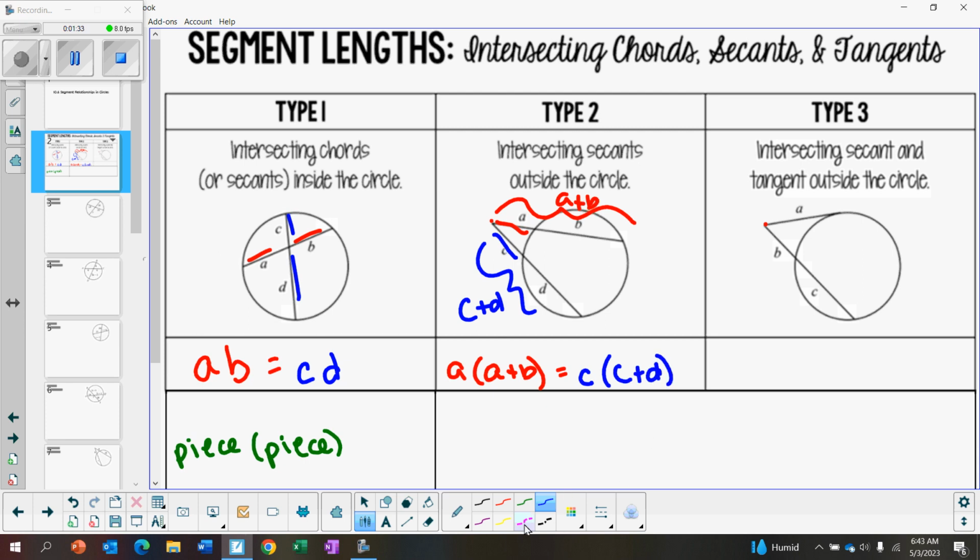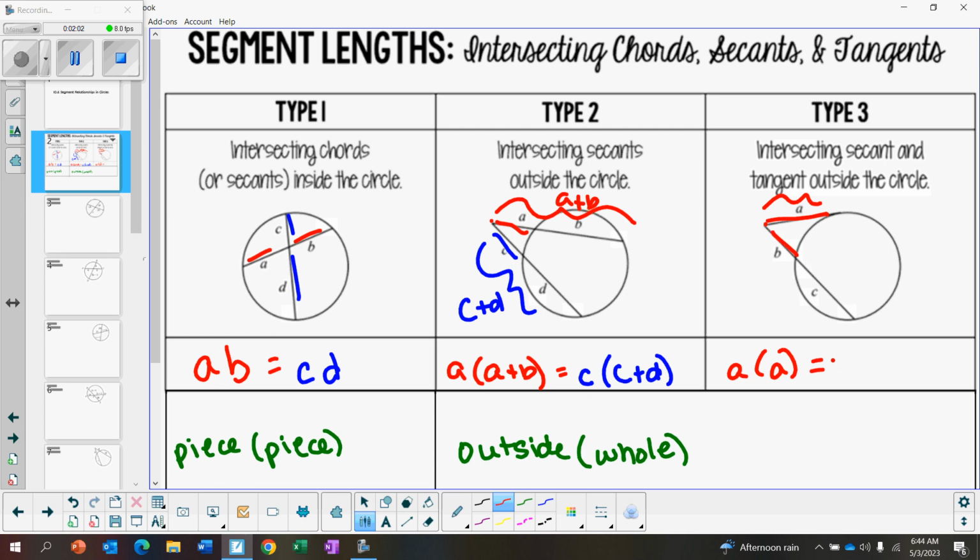So what I really did here was I took the part that was outside and I multiplied it by the whole thing. So outside times whole. And then that's going to equal on the other one outside times whole. Which if I'm looking at this one here, outside is A and the whole thing is A. So I could really write that as A squared.